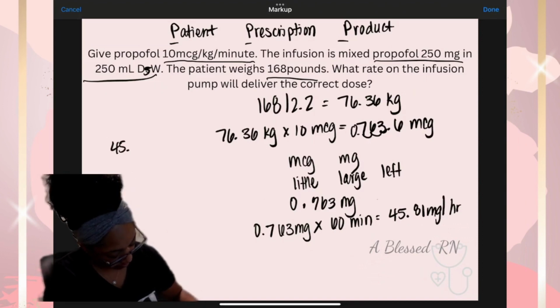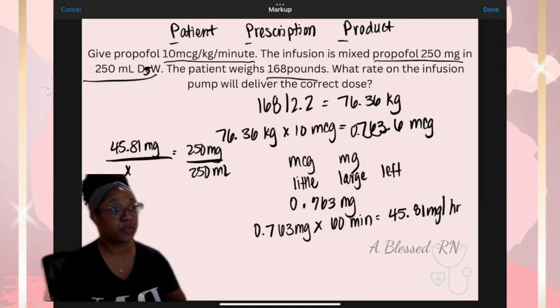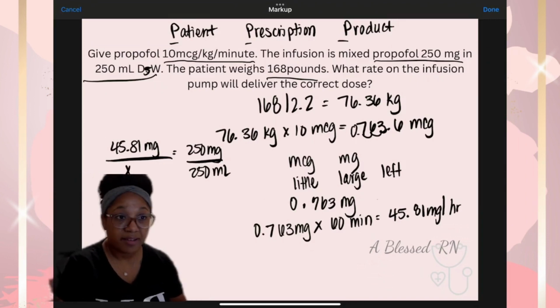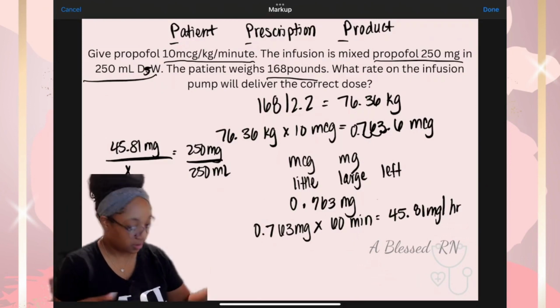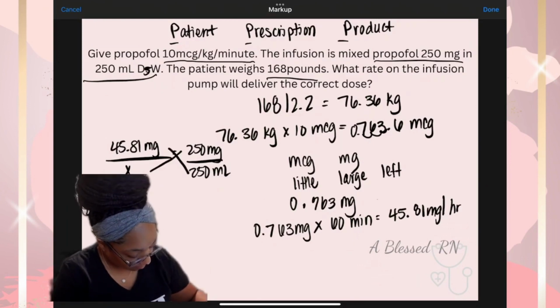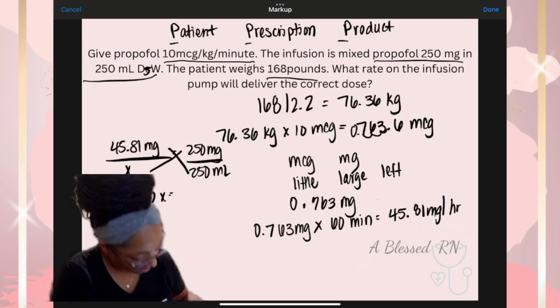You use your 45.81 and put it in your ratio and proportion, and then you got 250 milligrams over 250 mLs, and you can see that 250 over 250 is 1. So you can stop right here if you know your math facts and be like, oh, this is just 1. But I will do it for the people. We're still going to just show how you cross multiply.